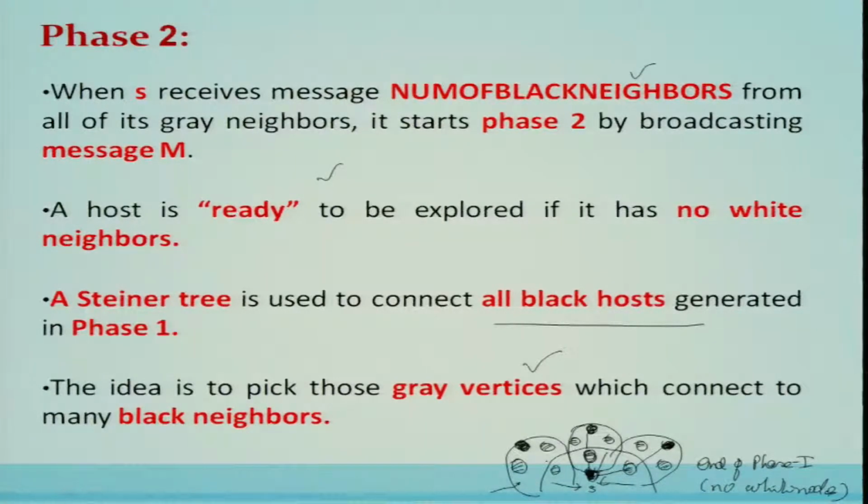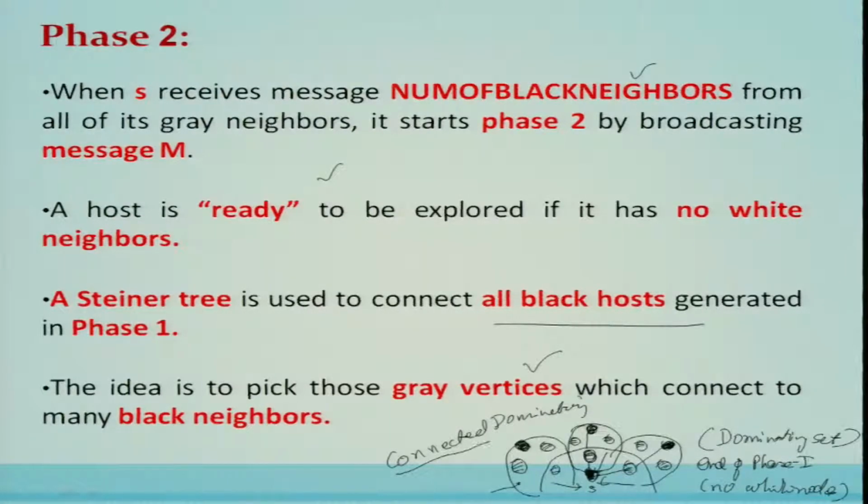Those gray nodes which have the maximum number of black neighbors will be blackened, and they will form the Steiner tree construction which will connect all the black nodes. So phase 1 will form a dominating set, and phase 2 is going to construct, out of the gray nodes, the connected dominating set.